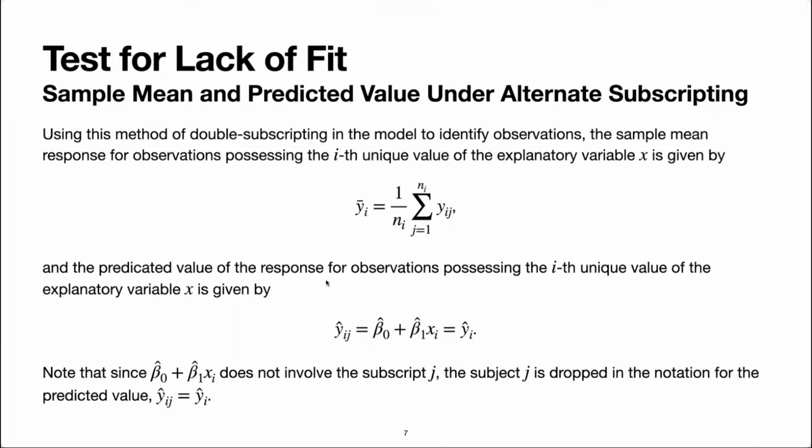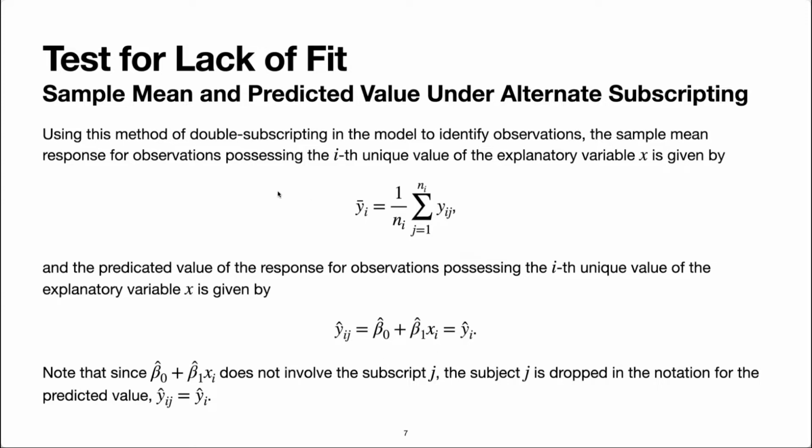The predicted value of the response for observations possessing the ith unique value of the explanatory variable x, y hat sub ij, is equal to beta 0 hat plus beta 1 hat times x sub i. Now notice that this quantity does not involve the subscript j. And so because of that, we can drop the subscript and denote this y hat sub i.